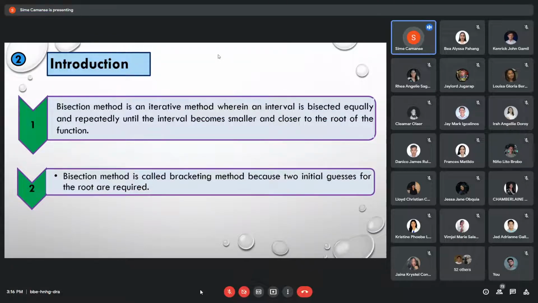So, the bisection method is called a bracketing method, because you require two initial guesses for the root.